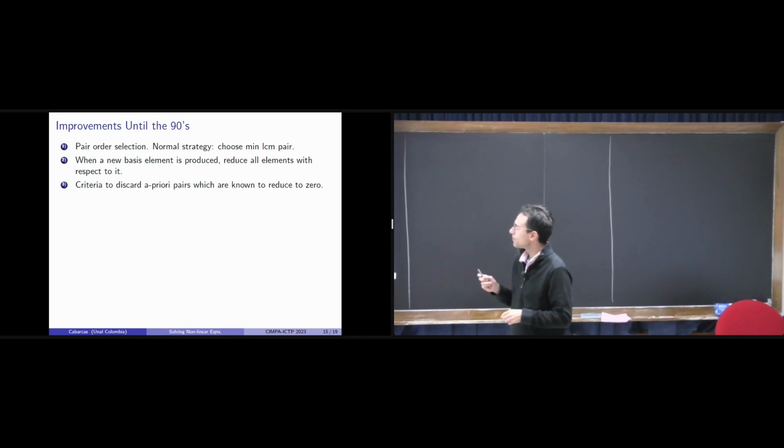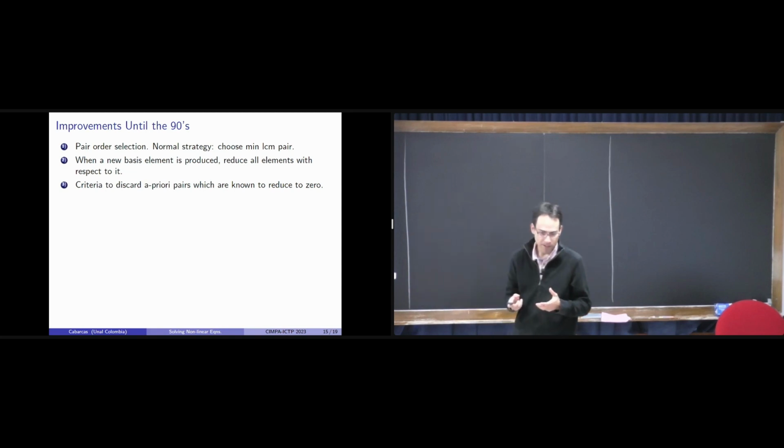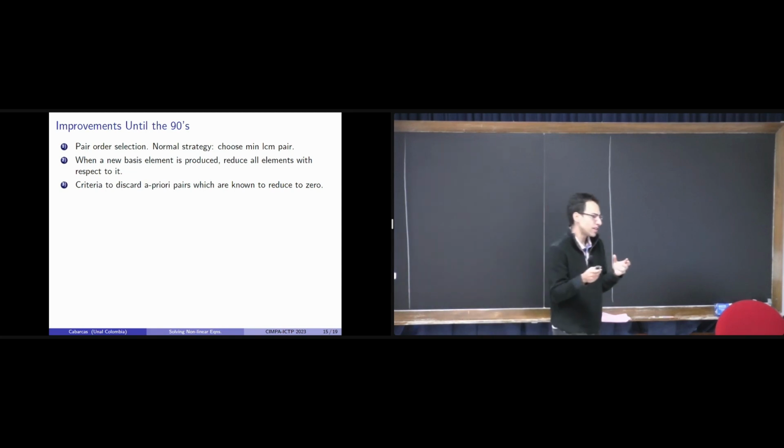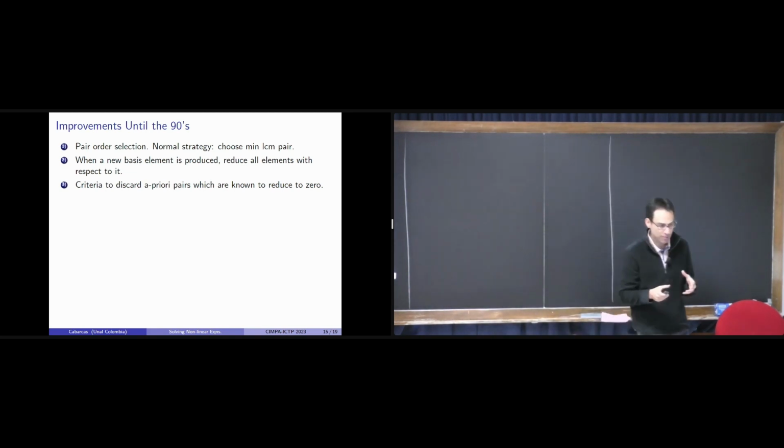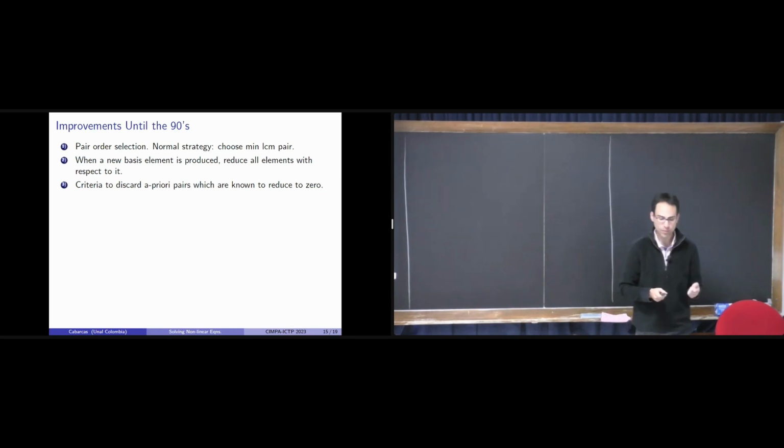And finally, there are some criteria to discard some pairs a priori. There are pairs that are known for some reason to reduce to 0, and then we don't have to go through the division algorithm to reduce them. We can a priori throw them away.